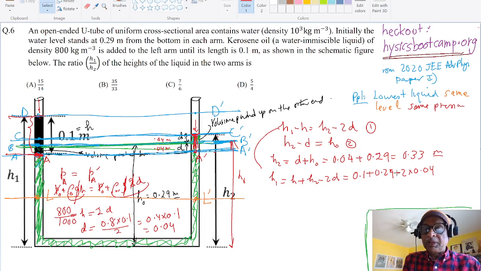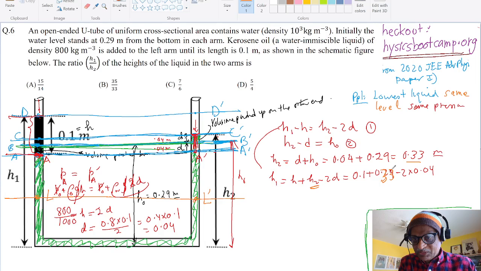Okay, so I found my mistake before I got too far away. For H2 I was putting 0, so I should put 0.33. So I got 0.43 minus 0.08, which is 0.53 meter.